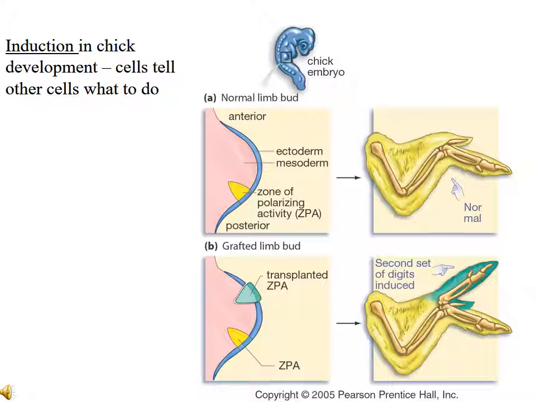Now, if I took this area of cells and implanted it into another chick, so therefore you have two ZPA zones, guess what happens? You get two wings. Kentucky Fried Chicken will be happy with this. You get two wings. And therefore it tells us that packages of cells will determine what is to develop in a given area, of course, during the process of development.